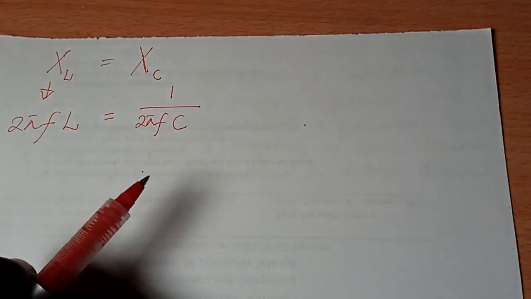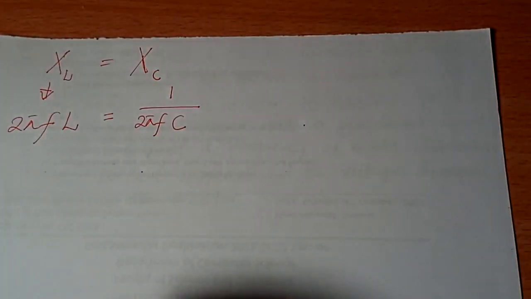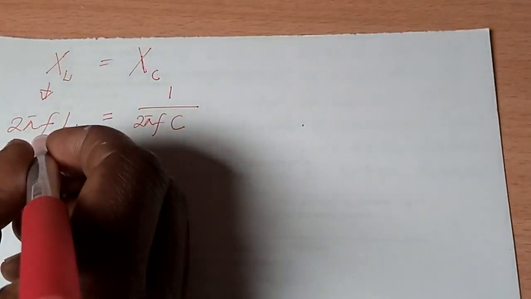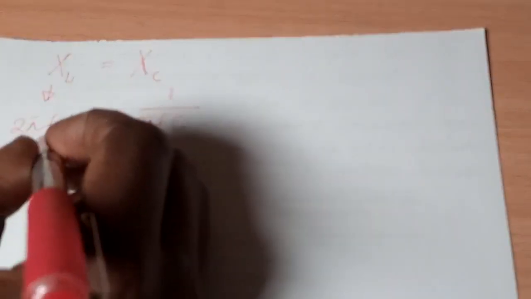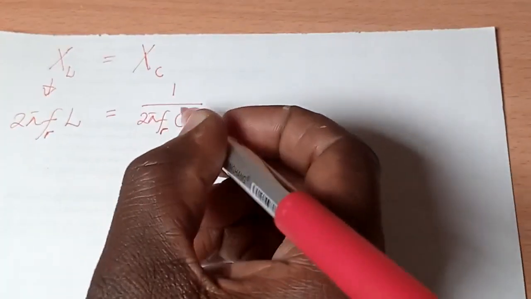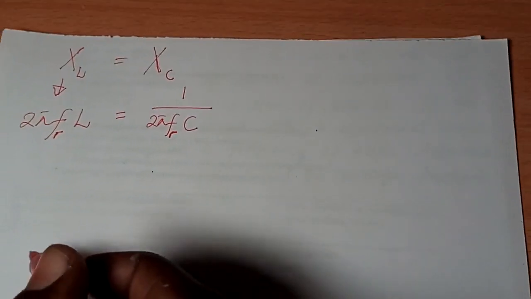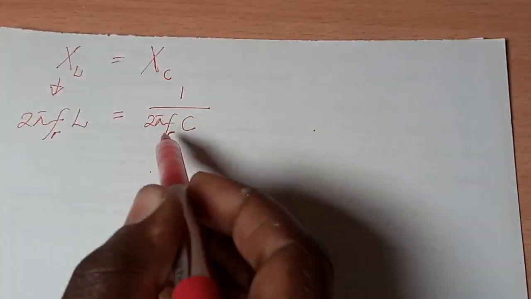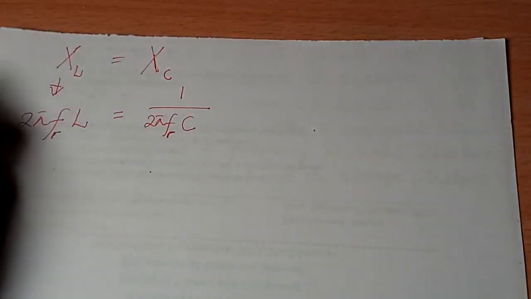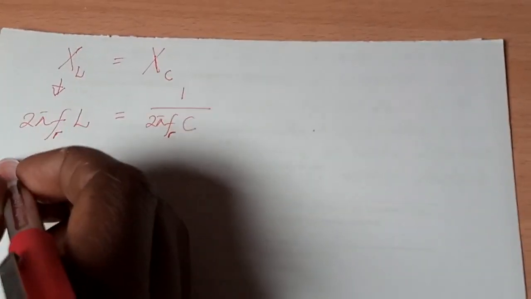Now, when they are equal, we say the frequency is resonant frequency, and that resonant frequency is denoted by F naught or F sub R. So let me use F sub R, but in some books they use F naught. Okay, here I am maintaining F sub R. Now make F sub R the subject of the formula. You simply multiply both sides by the denominator to cancel the fraction.